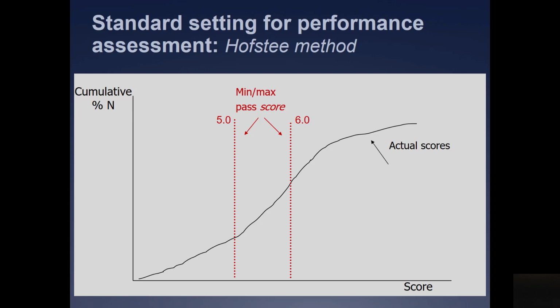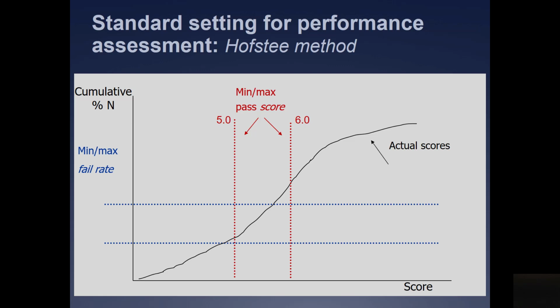So let's say it's a 10-point scale, and we have a minimum pass rate of between 5 and 6. This is what we have adjusted. Okay. That being said, then we have the minimum and max fail rate. This is a percentage. Okay, so now we're getting this intersection. The fail rate, let's say, is between 30 and 10%. This intersection here, we have that red line.